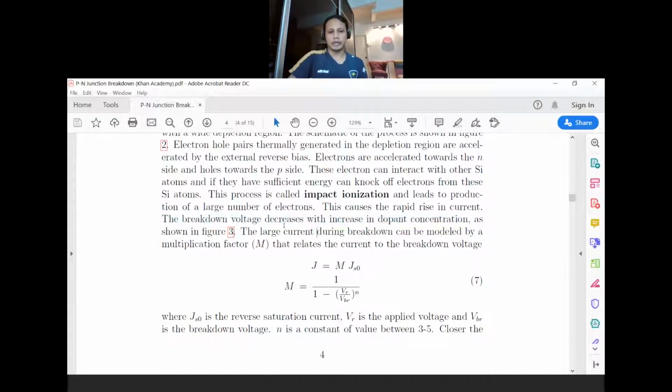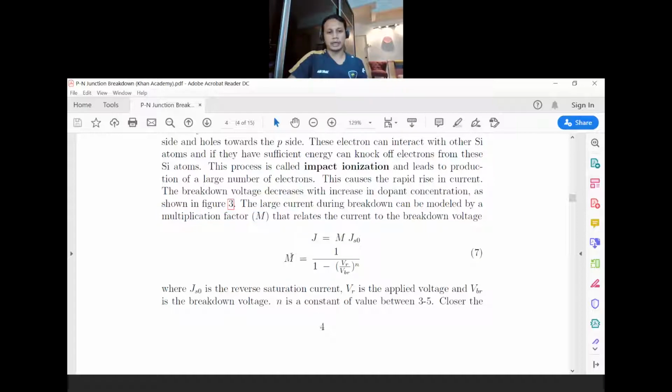So the large current during the breakdown can be modeled by a multiplication factor that relates the current to the breakdown voltage. So this can actually explain the amount of current, if you like. J is equal to M times Js0, where M is the multiplication factor and Js0 is the saturation current density, and M can be calculated like this using the reverse saturation current Js0, VR the applied voltage, and VBR the breakdown voltage.